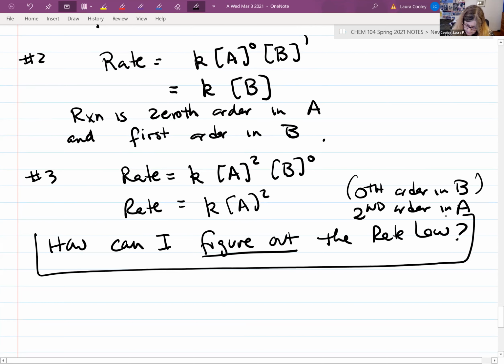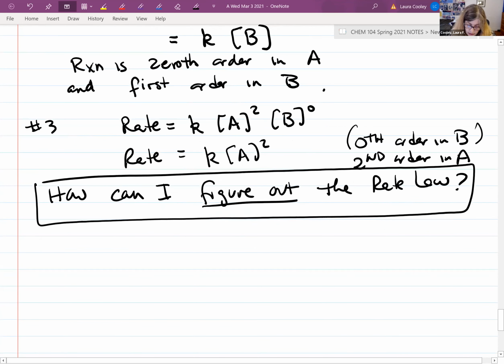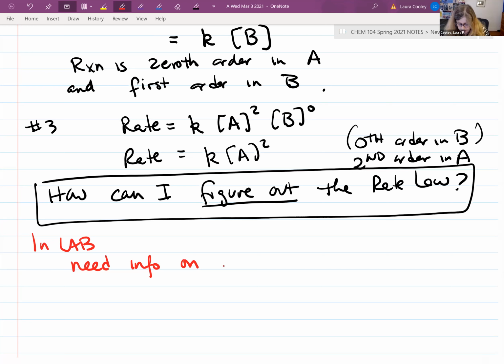Okay. So the way to do this, if you're, you know, in the lab, right, in the lab, what you would do is you have to have some information. So you need info on how the rate of a reaction changes when you change the concentration of reactants.